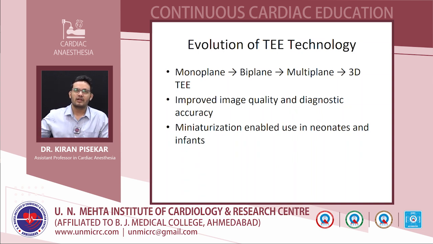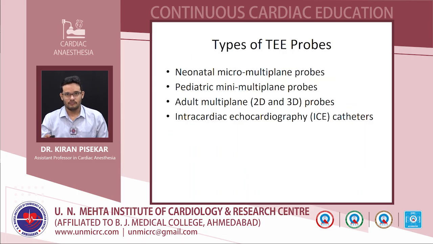In one sweep we can get 0 to 180 degrees, and if we turn the probe we get another 0 to 180 degrees. In that way we get the 360 degree view of the heart, and it helps in improving image quality, diagnostic accuracy, and outcomes.